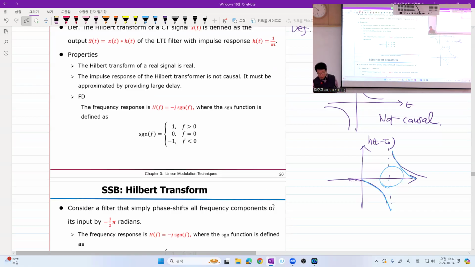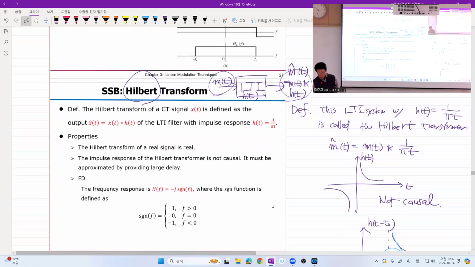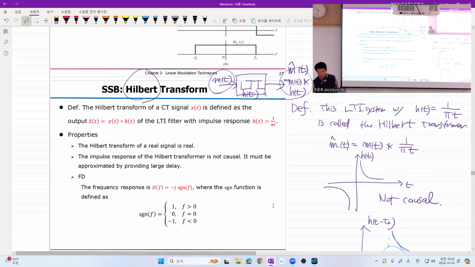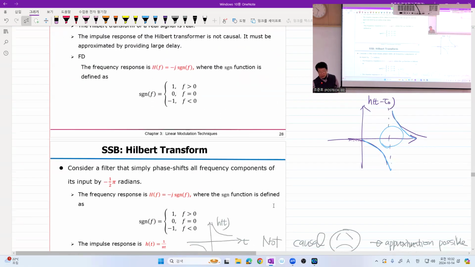Now, what's good with this one? And as in Pavlov's drooling dog, you have the automatic response.